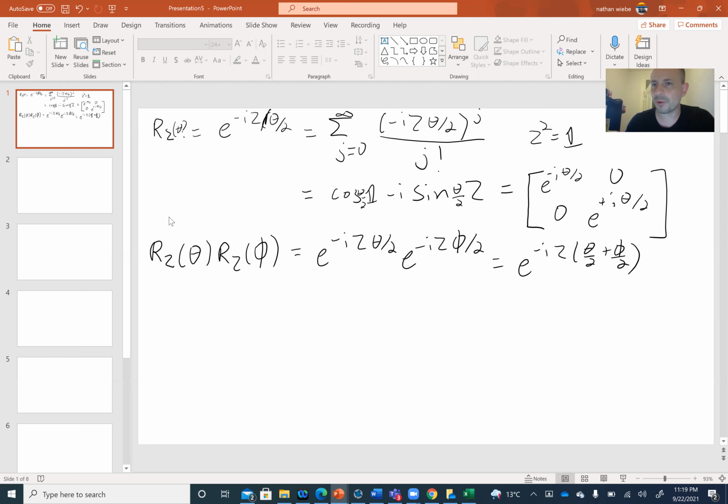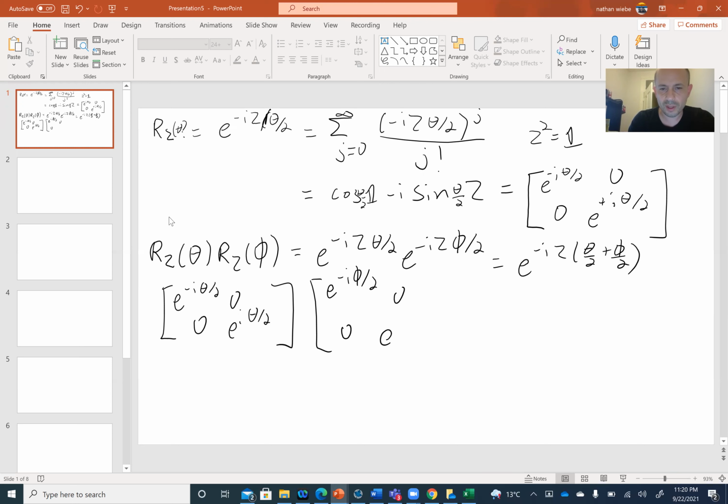Well, in the case of Z rotations, you can see this in a number of different ways. The way that I'll explain it right now is just in terms of these matrices. If we express the two matrices, we have diag(e to the negative i theta over 2, e to the i theta over 2) times diag(e to the negative i phi over 2, e to the i phi over 2), which of course is equal to diag(e to the negative i (theta plus phi) over 2, e to the i (theta plus phi) over 2).